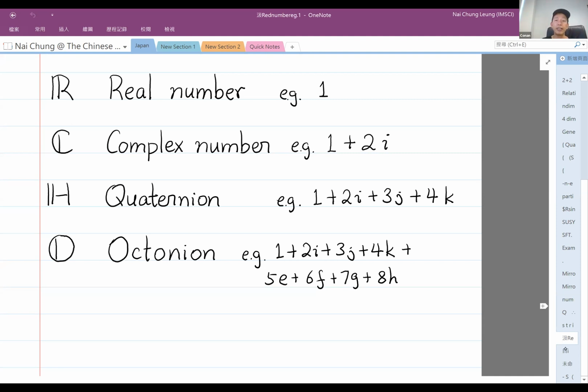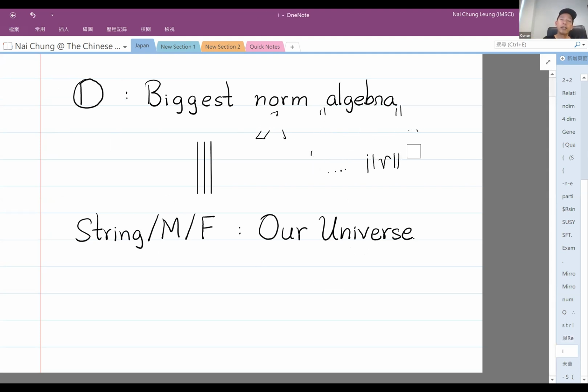And it turned out it is exactly the same as the ultimate theory in physics that describes our universe: string theory in 6 dimensions, M theory in 7 dimensions, F theory in 8 dimensions, referring to the internal space. F theory is the ultimate theory because it is controlled and governed by the octonions. So in a way, this is the interplay between geometry, algebra, and nature. The octonion is the richest algebraic structure, and that's exactly the one describing our universe.